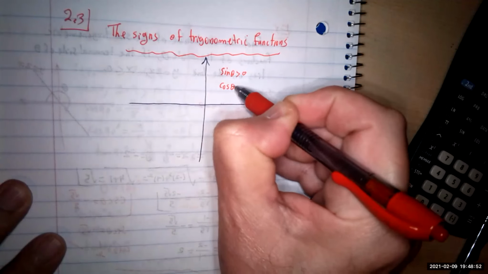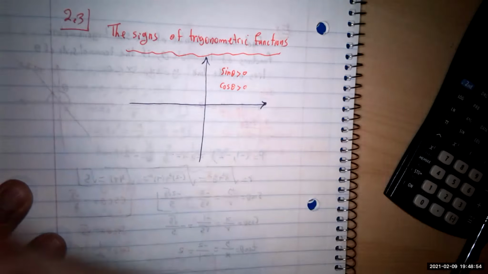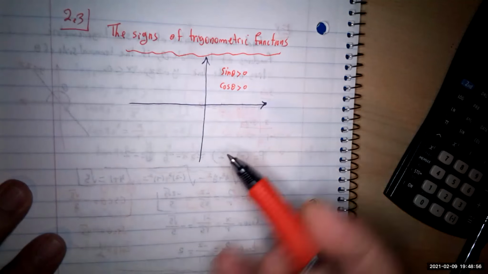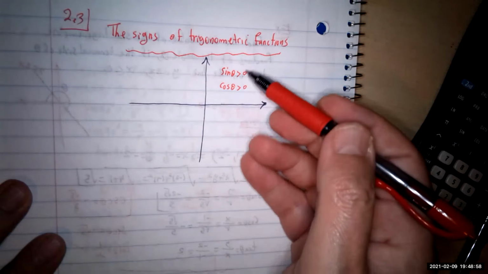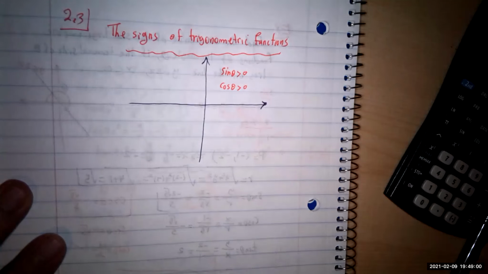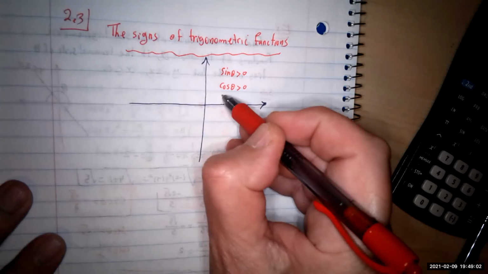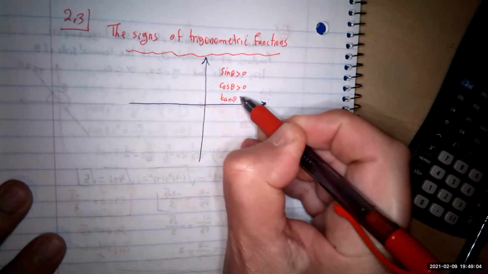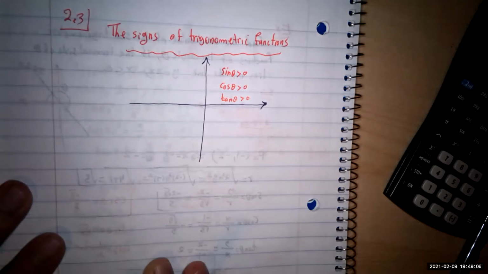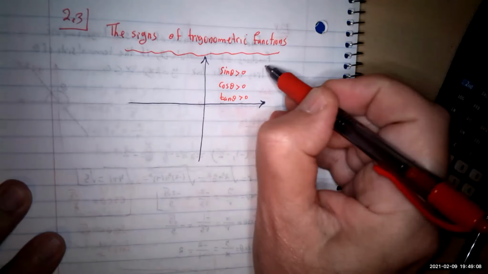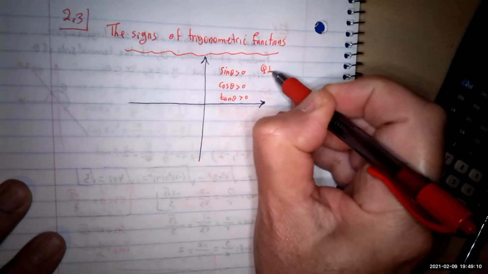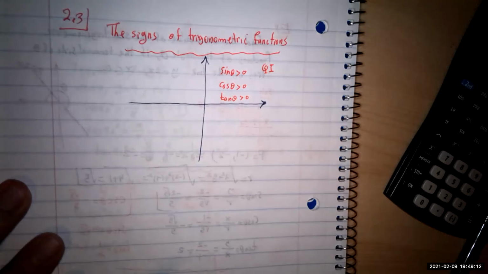The cosine of theta would be positive. For the tangent, you multiply these 2 signs together or divide. So the tangent also is positive. Okay, so if your angle terminated in the first quadrant, this is the expression that you see in your book. So this is going to be the signs.